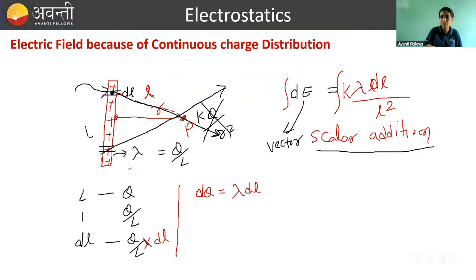So first, what we need to do is break dE into components. Suppose all dE are in the same direction, then we can add them scalarly. Because if all vectors are in the same direction, suppose there are forces of 5 Newton, 10 Newton, 15 Newton, 20 Newton, what will be the value of total force? You can scalarly add it, right? You can write here 30, 35, 40, 50 Newton.